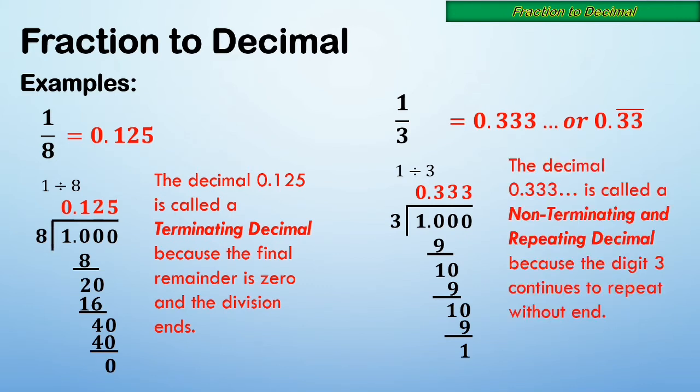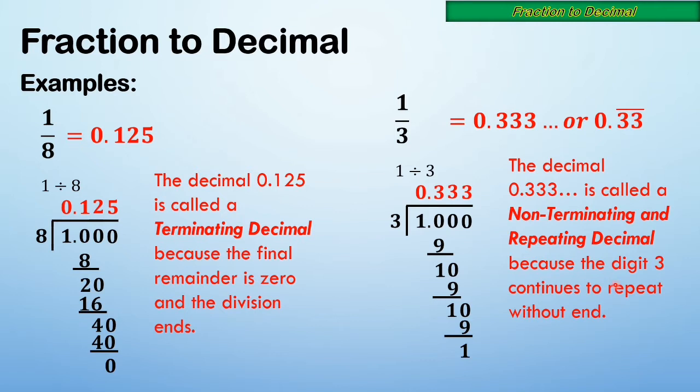Okay? The decimal 0.3 repeating is called non-terminating and repeating decimal. Okay? Non-terminating, ibig sabihin, hindi siya nag-end. Ito tinatawag na terminating decimal kasi nag-end. Tapos siya sa 5. Ito naman, non-terminating or repeating decimal kasi paulit-ulit yung 3.